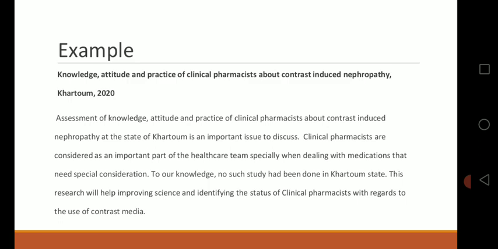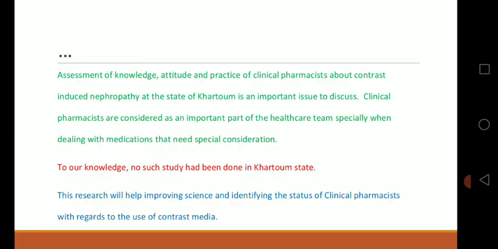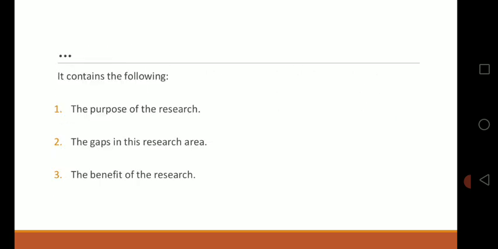How do I make sure I did it the right way? I just follow these three parts that should be fulfilled or mentioned in the justification: first, the purpose of the research; second, the gaps in the research; and third, the benefit of the research.